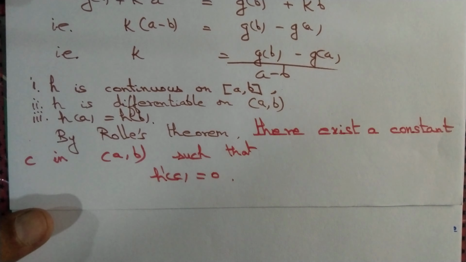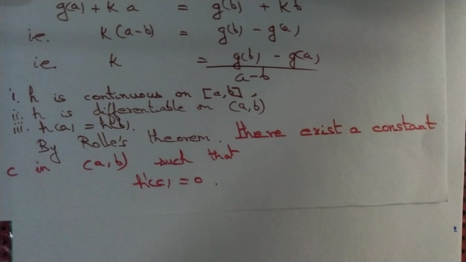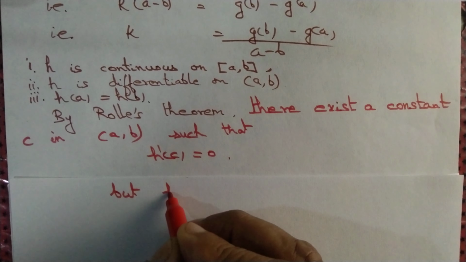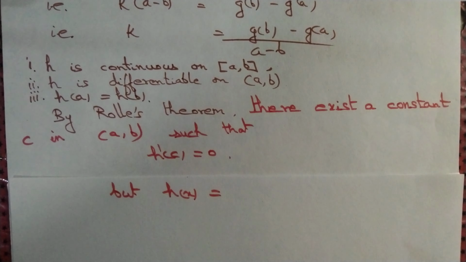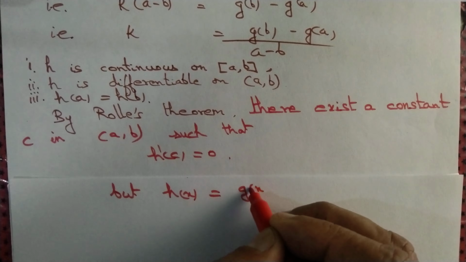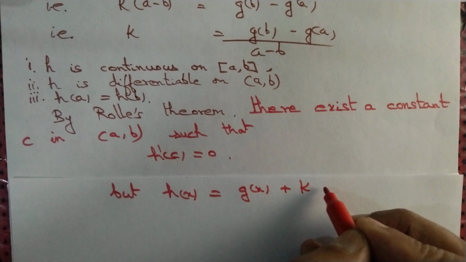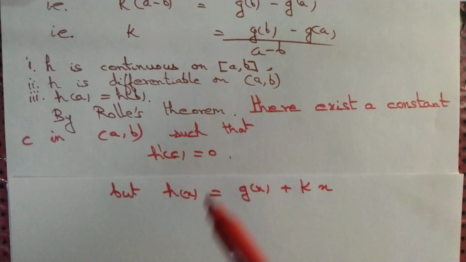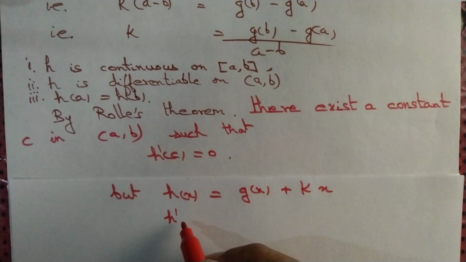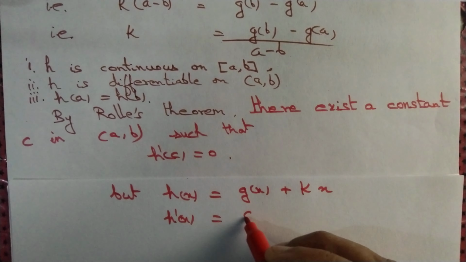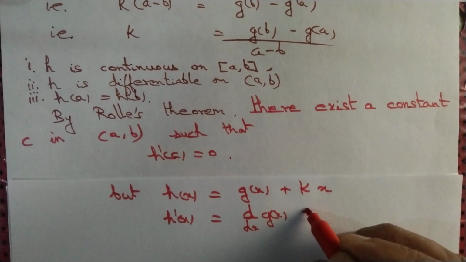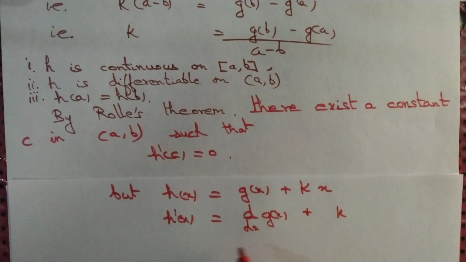But what is h'(x)? h(x) is precisely equal to g(x) + k times x. We got k equal to (g(b) - g(a))/(a - b). So h'(x), that's the differentiation of h(x), equals d/dx of g(x) plus d/dx of k times x, that's just equal to k.